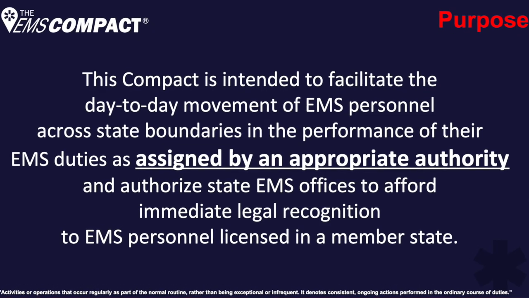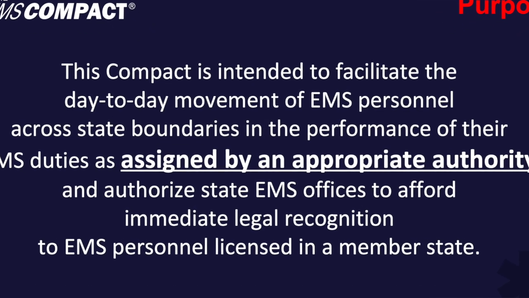Now, the other thing is it's across state boundaries, and the performance of their EMS duties, here's the key, as assigned by an appropriate authority. We're going to go into this a little bit more, but this is really important. An appropriate authority is best understood as the state EMS office or a state EMS agency.